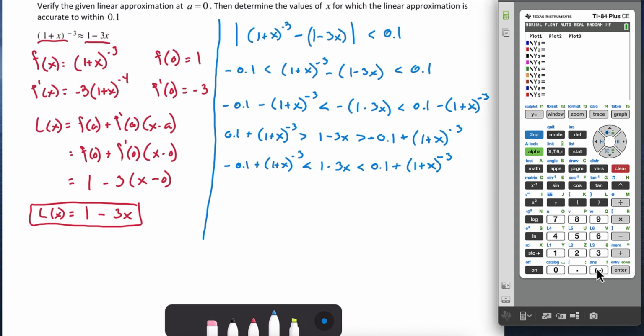In L1, we will type in the left side of the inequality. In L2, we'll type in the middle. And L3, we'll type in the right side.